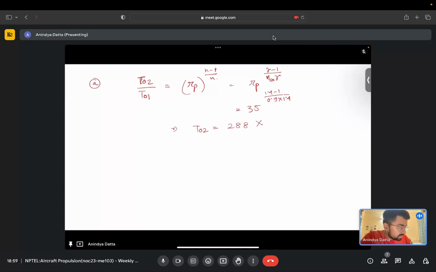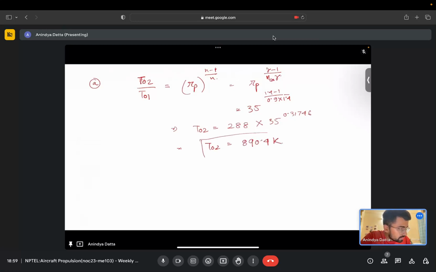So this is 35 to the power 0.31746. Now if you solve this, you will get T02, the temperature at the exit of the compressor, which will turn out as about 890.4 Kelvin.